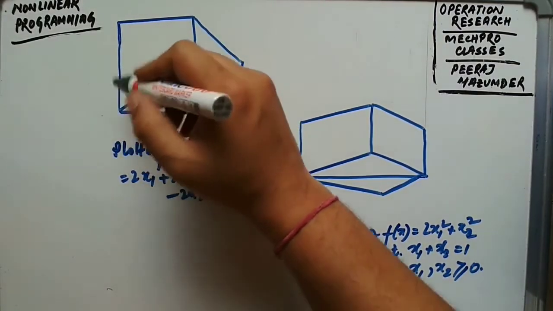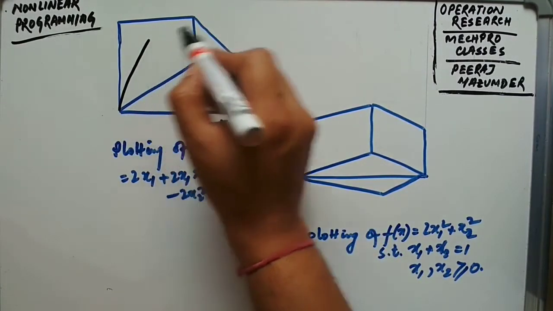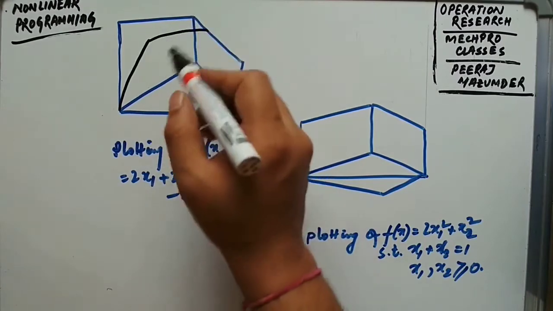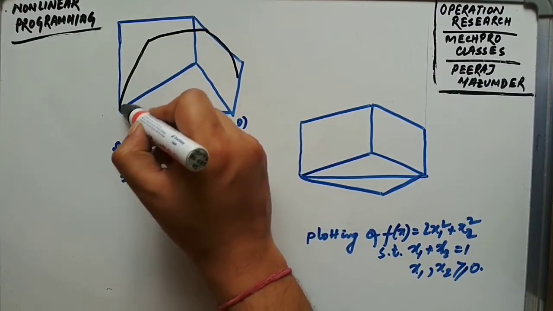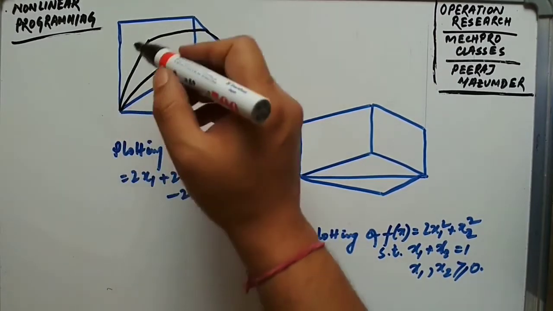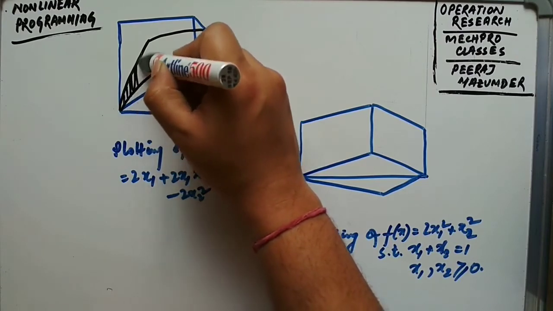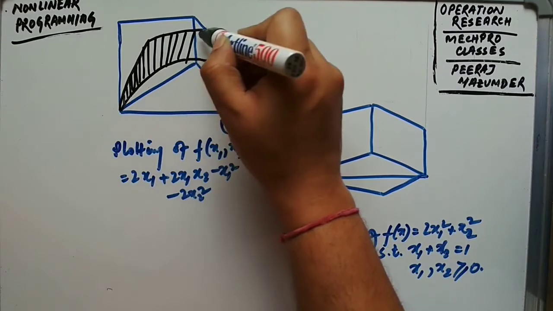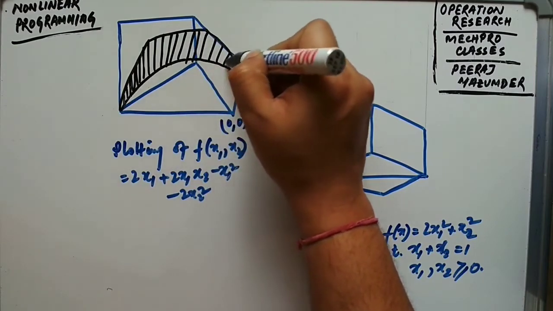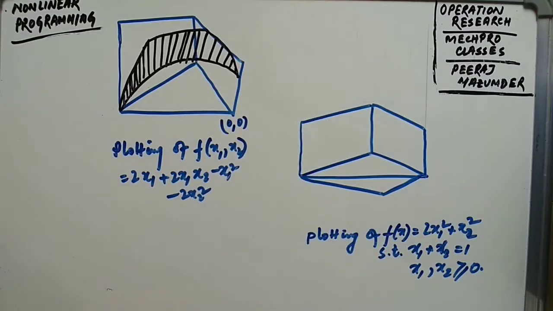Now if you plot this one, you will have a graphic, a 3D type of view like this one. I will try to draw it in this way. Okay, it will be somewhat like this, and this will go in this one curve. Okay, so this will be your feasible region for this particular unconstrained type non-linear programming. Okay, so this somewhat looks like this one.